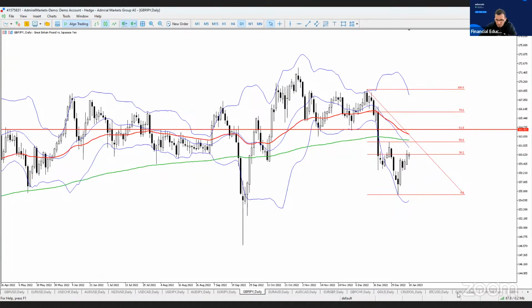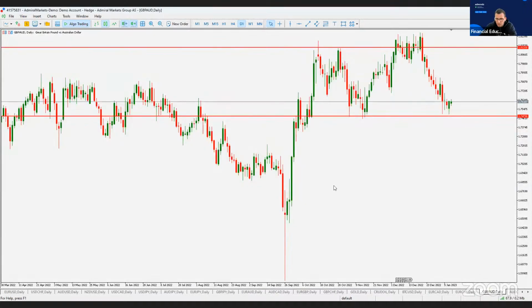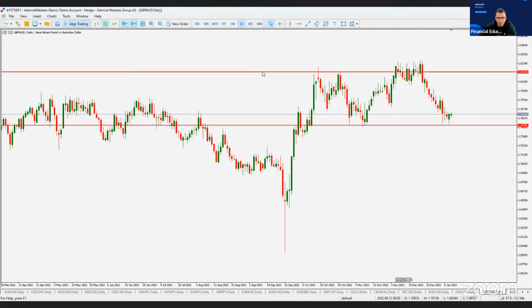Let's analyze the pound against the Australian dollar. This pair just bounced from the support. We have kind of triple inside candles, so we can see some continuation to the upside. However, if you take the checklist I shared with you guys, you can see if most of the parameters apply.